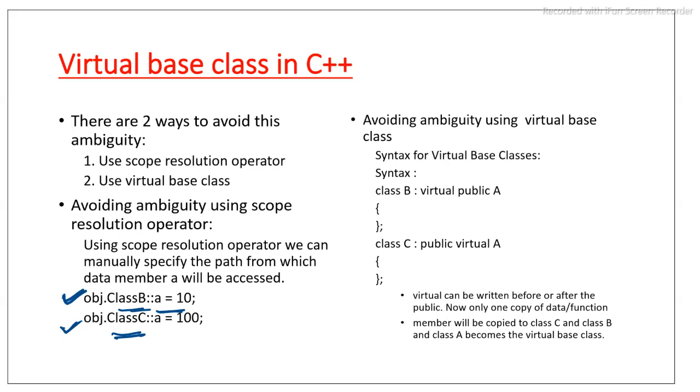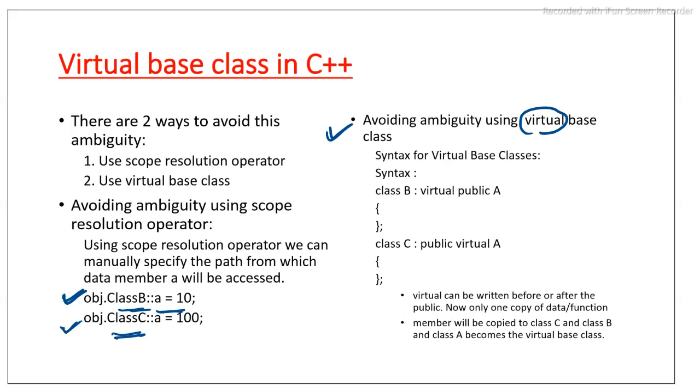The second method is using a virtual base class. To avoid the ambiguity, we can use a virtual base class. The keyword virtual is prefixed or postfixed before or after the visibility mode, or the derivation type.